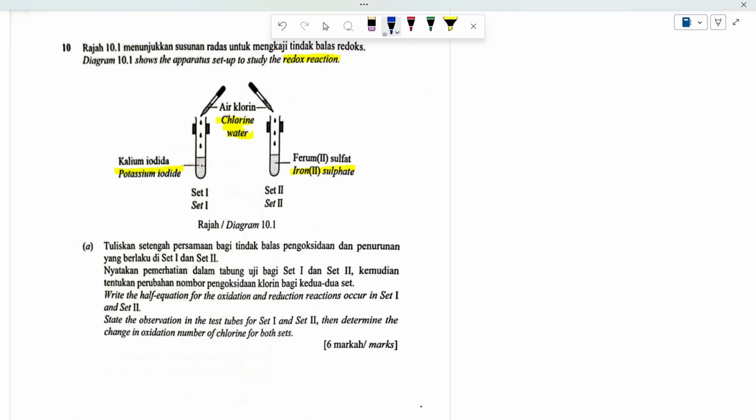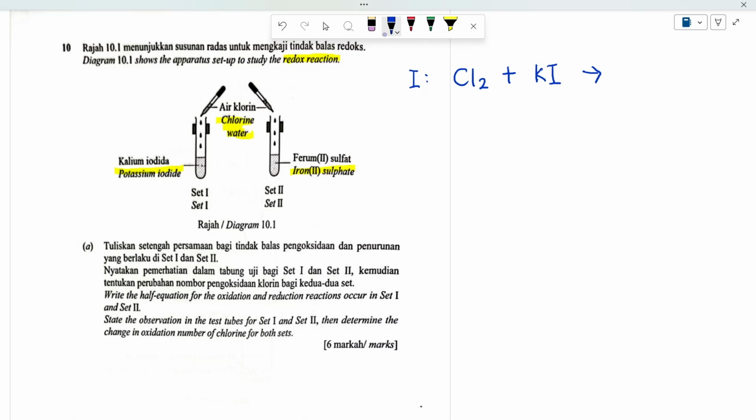Now, we look into set 1 first. The chlorine is put into potassium iodide solution. What are the products? Is the chlorine able to displace the iodide? Yes, it is more reactive, right?